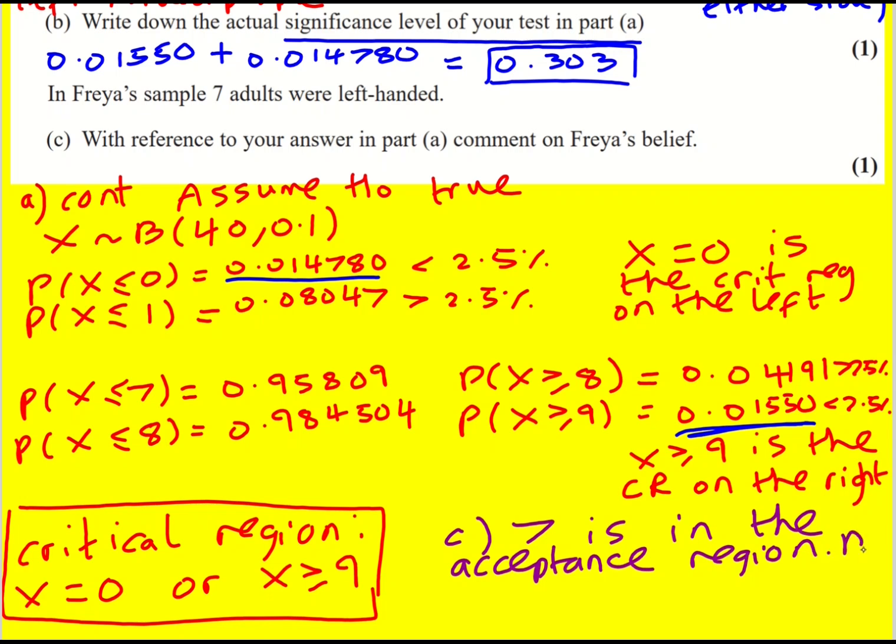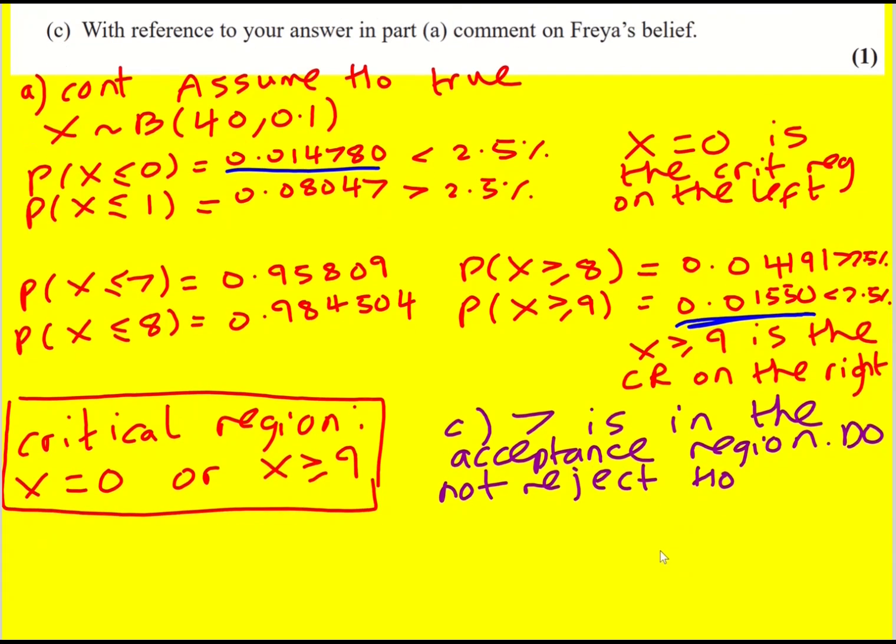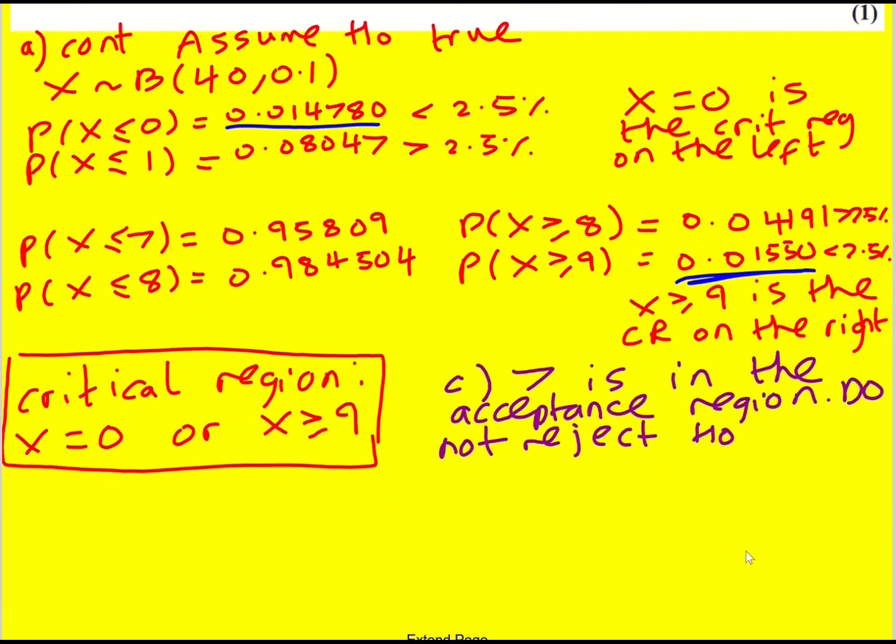So we do not reject H naught. I'm pretty sure it's called the acceptance region, even though we should never actually say that we're accepting H naught. We're just saying there's not enough evidence to reject it.